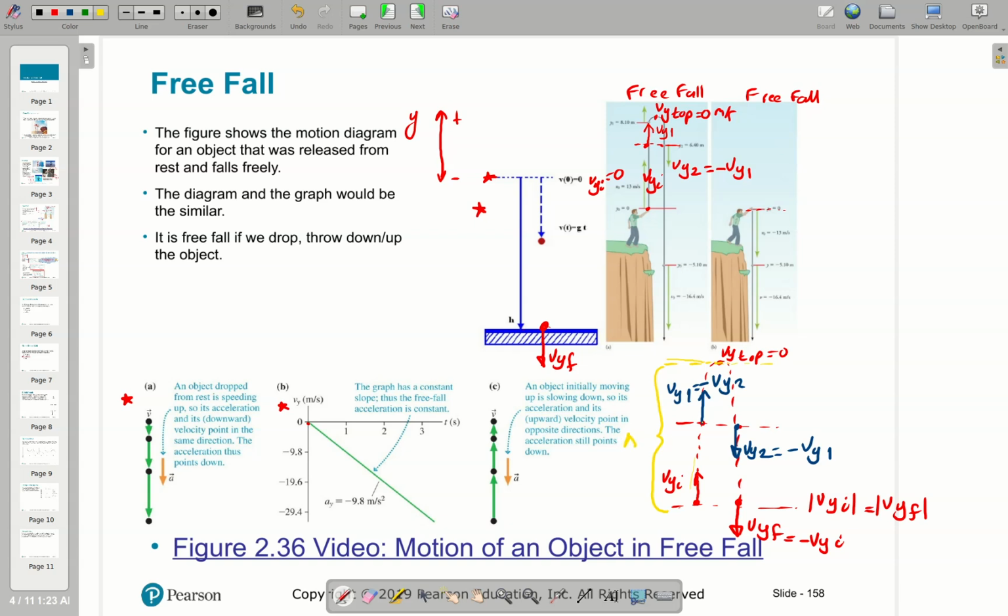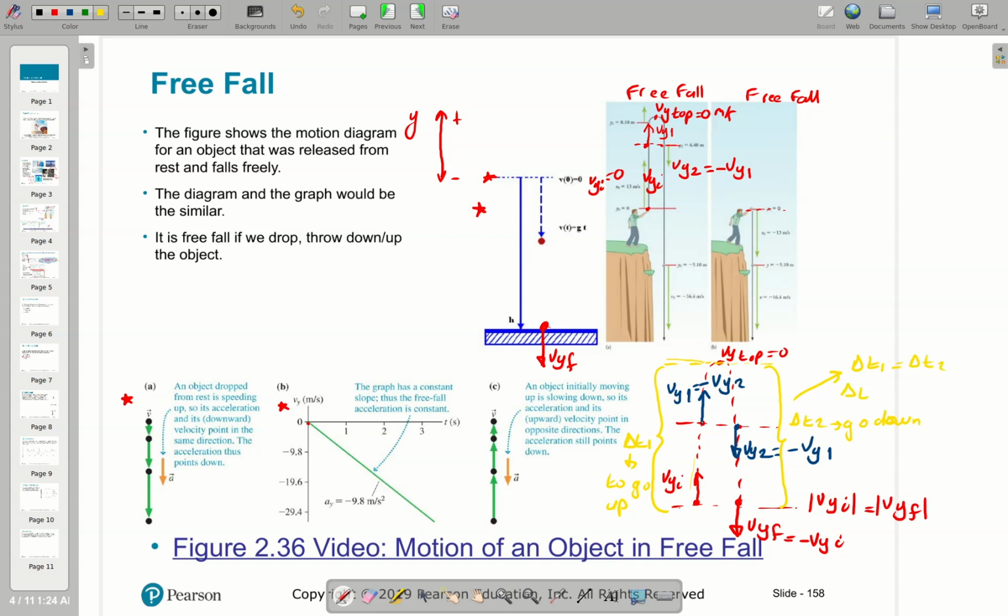But if it takes delta t1 to go up, it will also take delta t1 to go down. I'm going to call this delta t2 to go down, and the information is that delta t1 is equal to delta t2, the same amount of time.